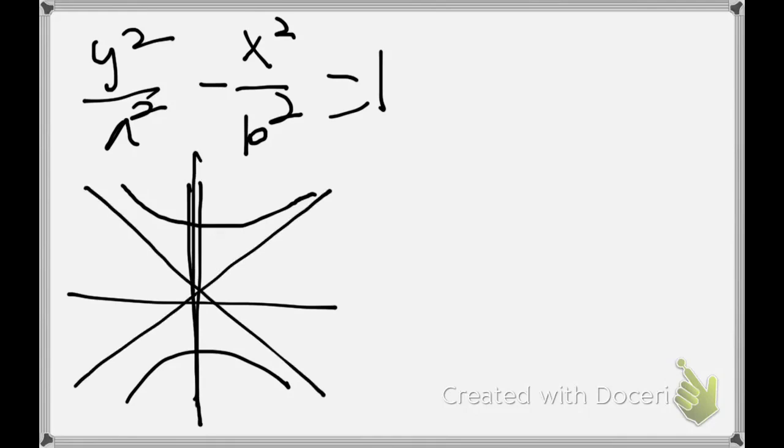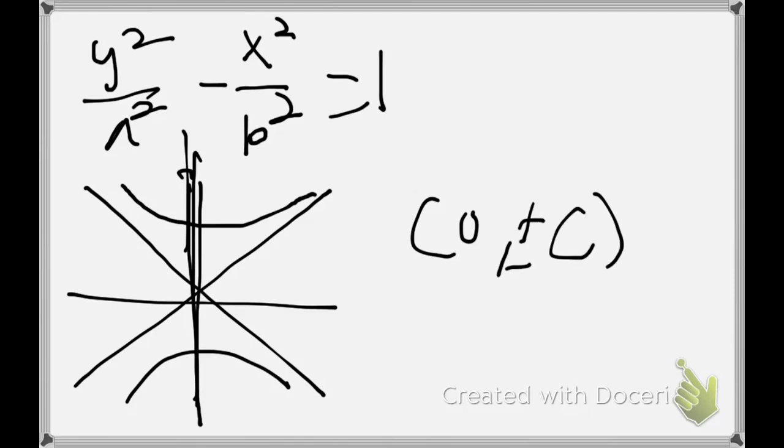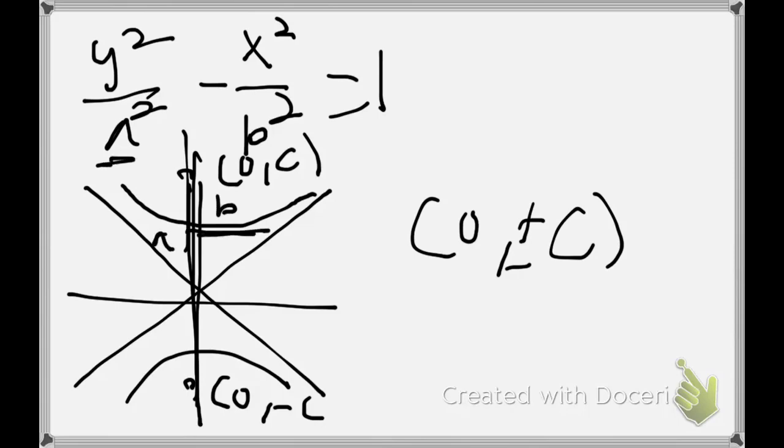Our foci would be, instead of plus or minus c, 0, it would be 0, plus or minus c, because it's vertical now. Our a would still be from here, and b would be this. Again, we could derive c from c squared equals a squared plus b squared.